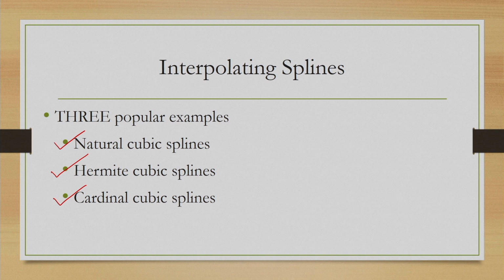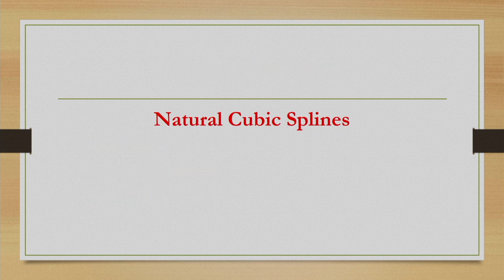All three are interpolating splines, meaning that they are defined by control points which pass through the spline curves. So, let us now go into some detailed discussion on each of these popular types. We will start with natural cubic splines.